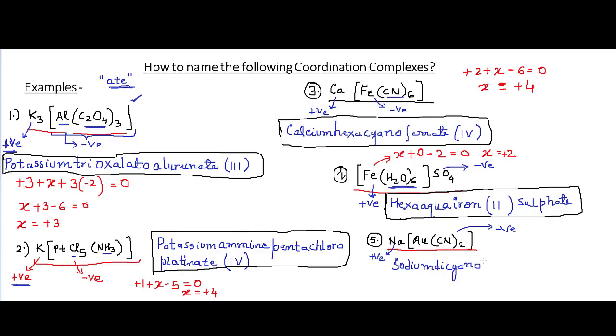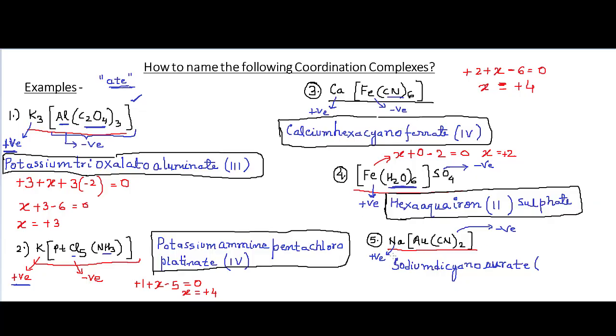Dicyano, and Au is gold, so since it is within the negative coordination sphere, it should end in ate. So it becomes sodium dicyanoaurate, right? Aurate. So sodium dicyanoaurate. And lastly the oxidation state of gold here. Let us quickly calculate it.